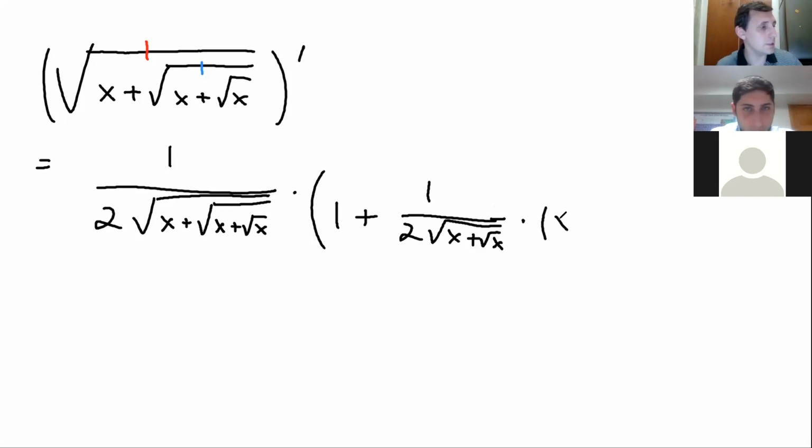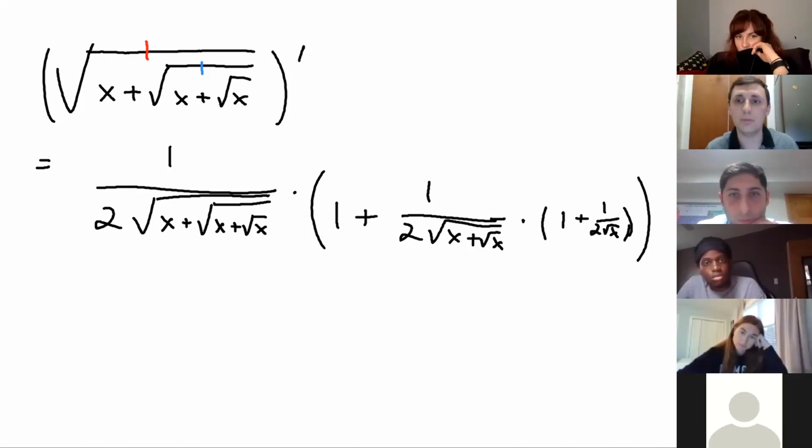The derivative of x is 1, and the derivative of root x is 1 over 2 root x. You see that? And we are done with this particular problem.